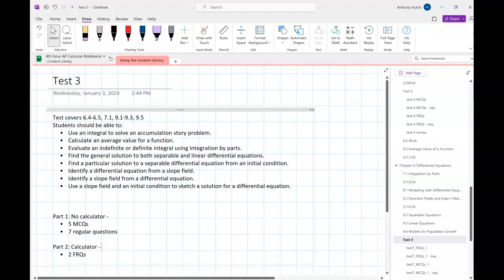All right. For the test format or the test days, it sounded like from first hour's perspective, the best option was to do one half on Thursday next week and the other half on the following Tuesday. I think that makes sense.